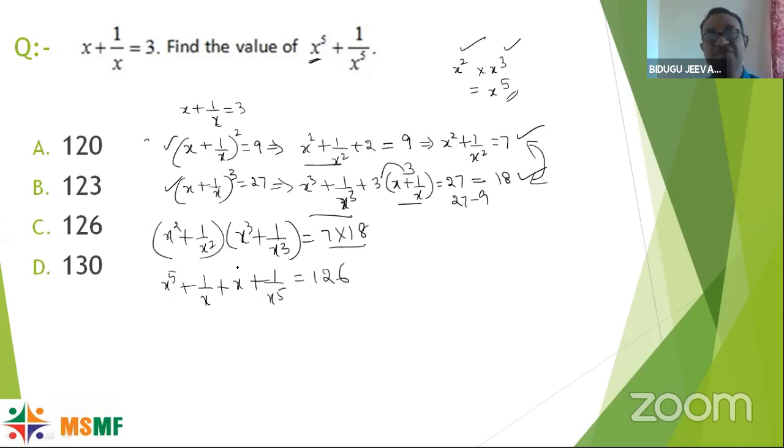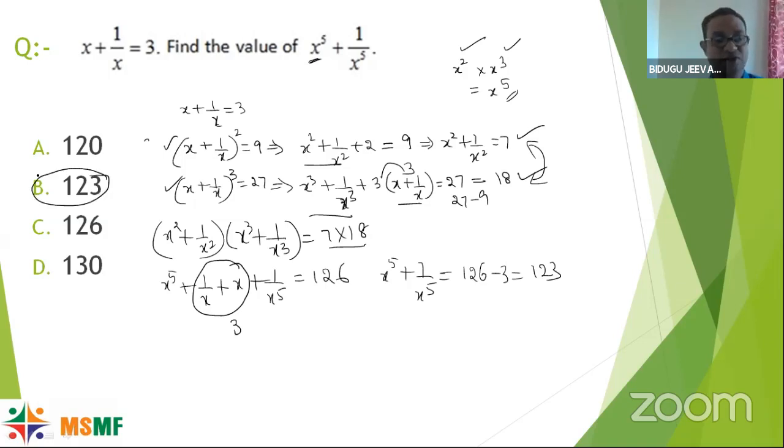Of course, this part is clearly given as 3. So now tell me, what is the answer? x power 5 plus 1 by x power 5 is how much? Come on, what is the value? 126 minus 3, 123.